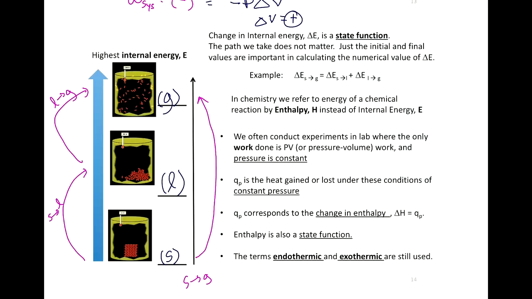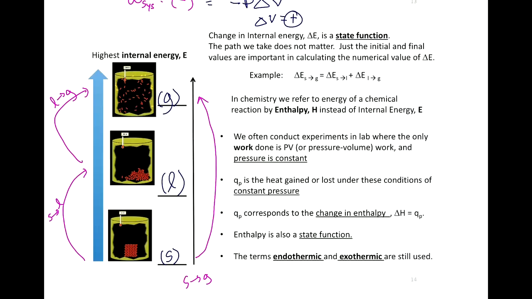So the thing that's actually measured here, change in internal energy, we're just looking at the beginning and the end, and that is the energy change we're looking at. All right, so that's what I say here, that if we wanted the energy change between these two states, we could add up those subsequent steps. And we'll be doing that, and that's basically the foundation of Hess's law, where we just care about what we start with and what we end with. That also means what the reactants are and what our products are, right?